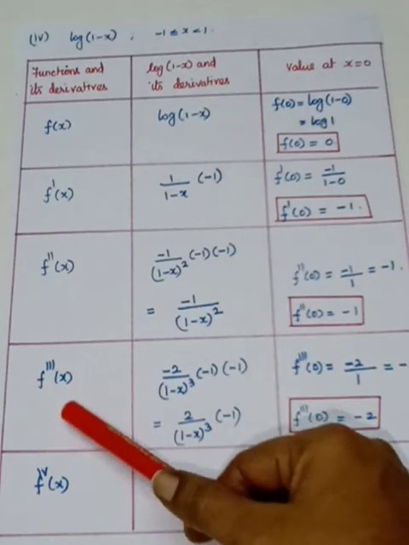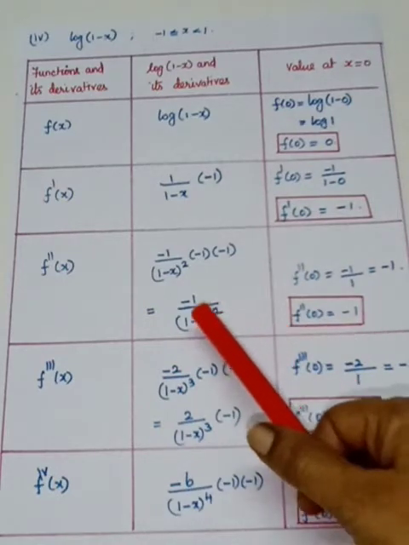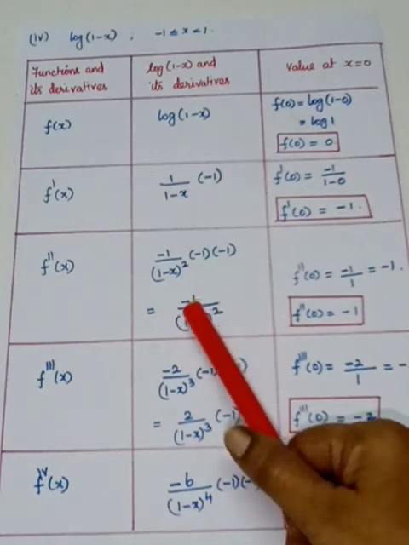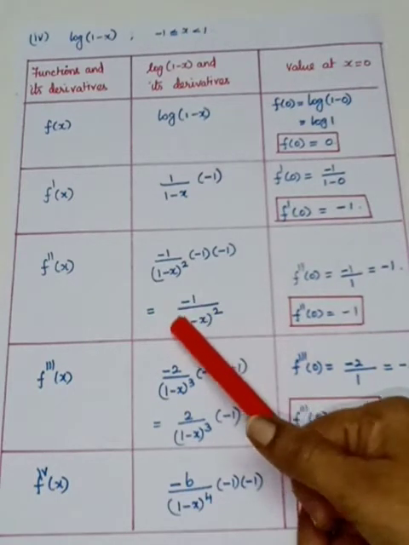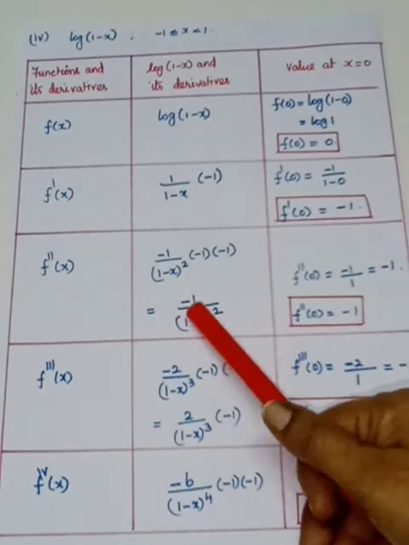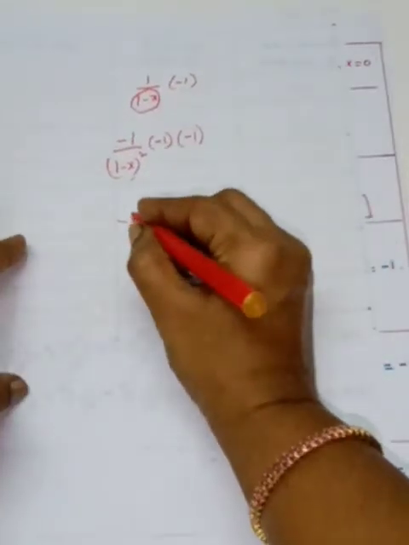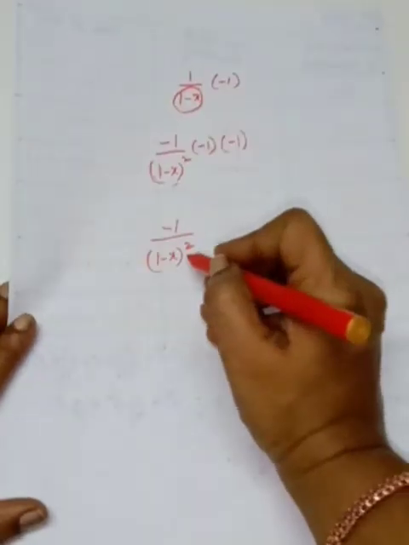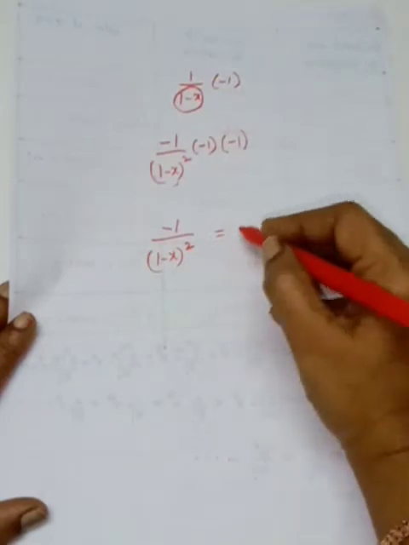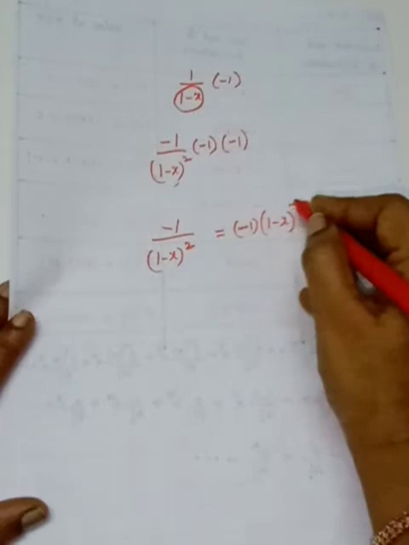Next, you have to go for f triple dash of x. Here you have to change a sign. Now we have minus 1 by 1 minus x the whole square, isn't it? First you bring it to the numerator, so it is minus 1 into 1 minus x the whole power minus 2.